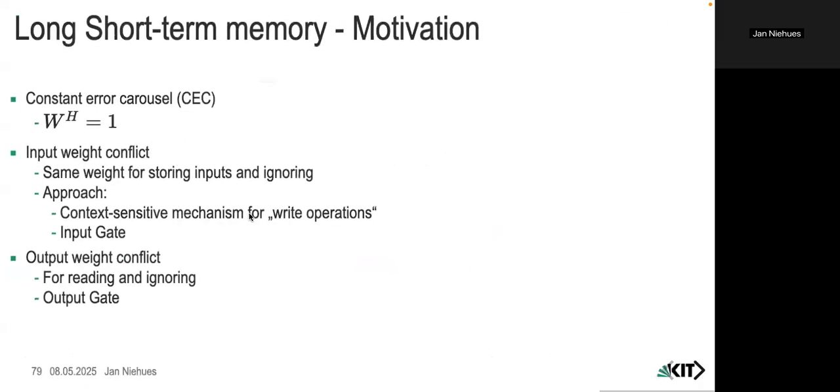There are several ideas implemented in the long short-term memory. The first thing is the problem we saw that if WH is not exactly 1, it goes up and down, either exploding or getting very small. So we're trying to build a model with the so-called constant error carousel, where WH is just 1 always by default.